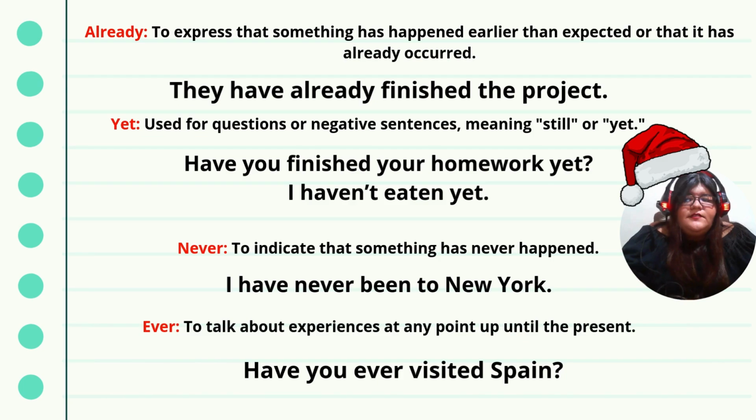I haven't eaten yet. Then we have here never, to indicate that something has never happened. I have never been to New York. Then we have ever, to talk about experiences at any point up until the present. Have you ever visited Spain?